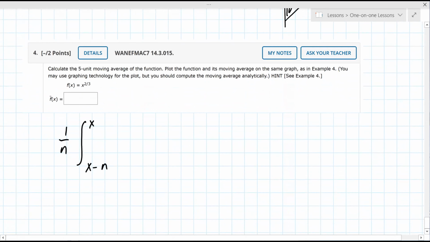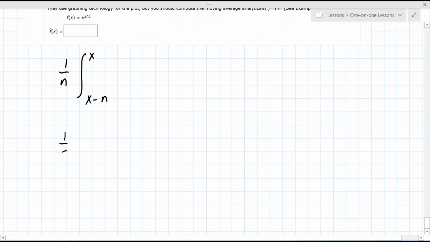But for this problem, because it's a 5-unit, we're doing 1 over 5 integral x to x minus 5. Is that right? And you're doing it for this function, x to the 2/3 dx.